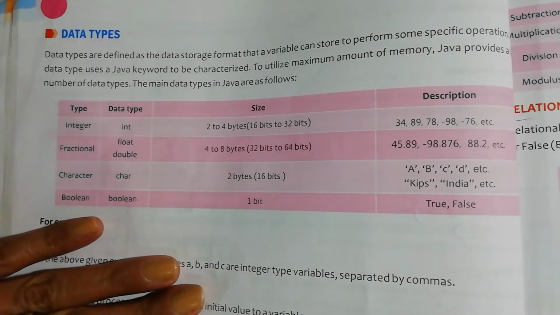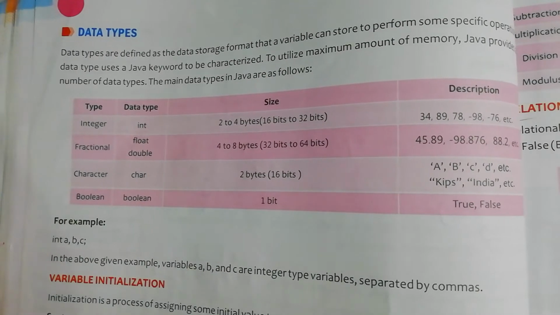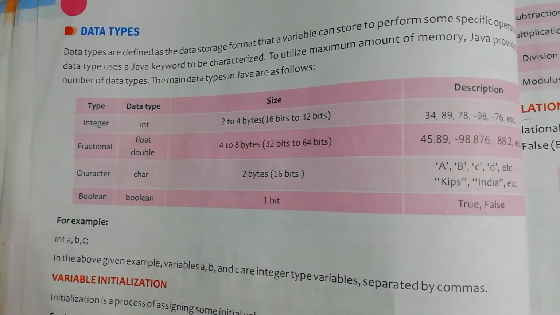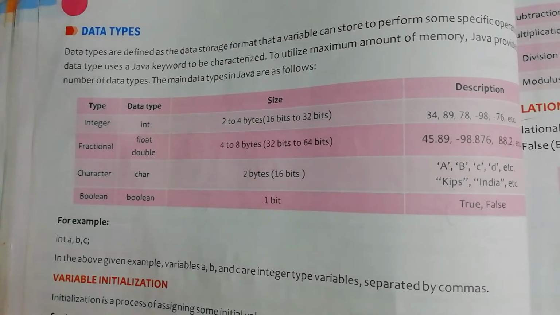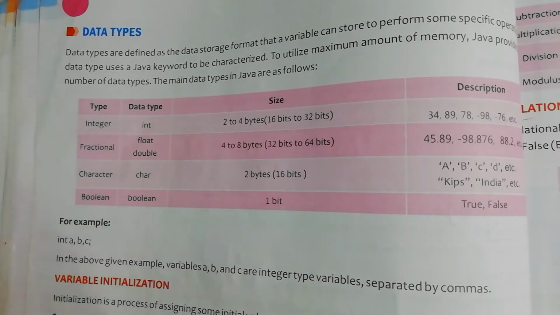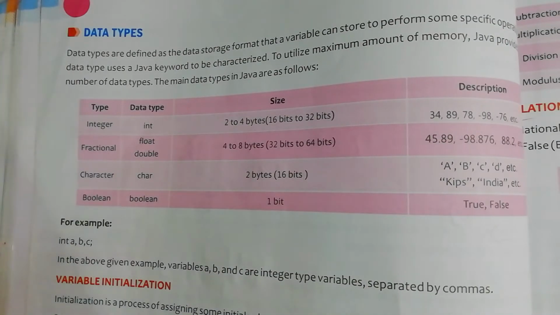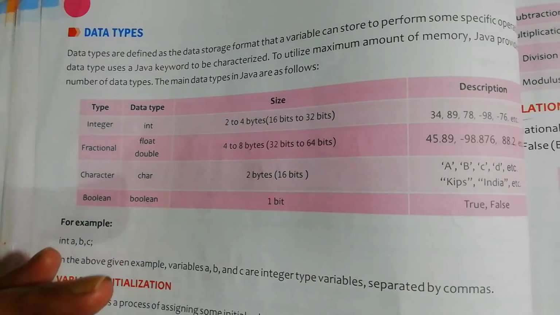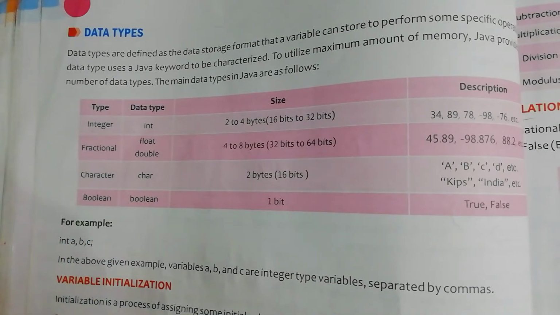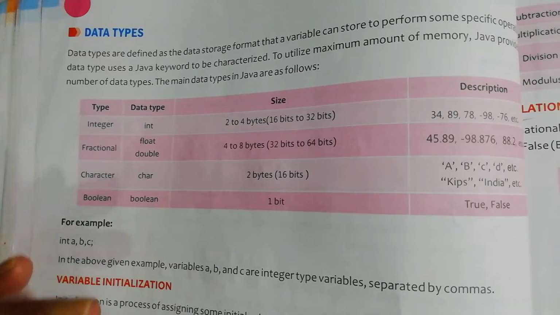For example, everybody knows the computer is artificial intelligence, you have to tell the computer everything. If you are going to store a value in memory, you have to tell the compiler which value you are going to store, and whether it is an integer value or a float value. On the basis of that, the compiler will assign you the memory.